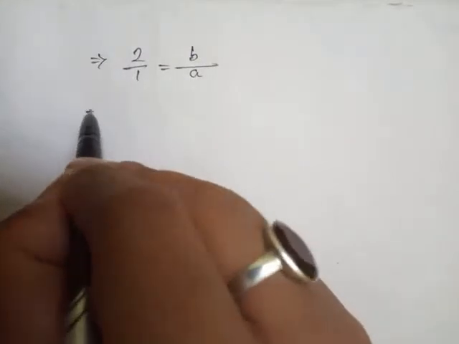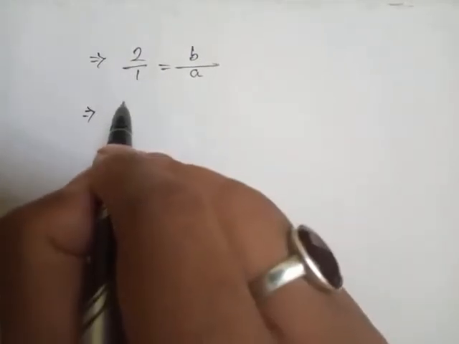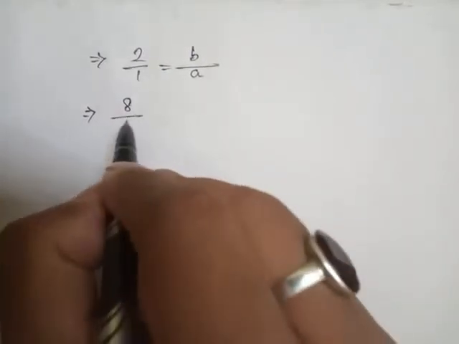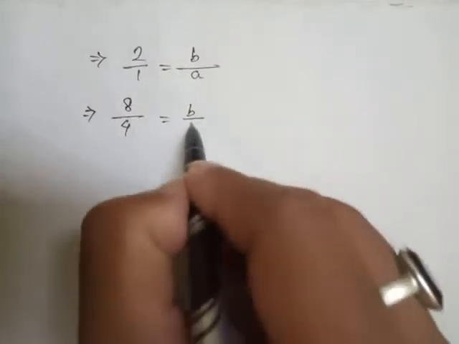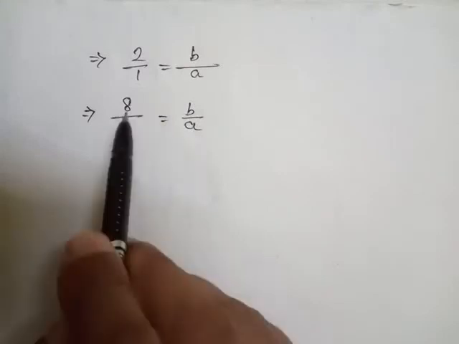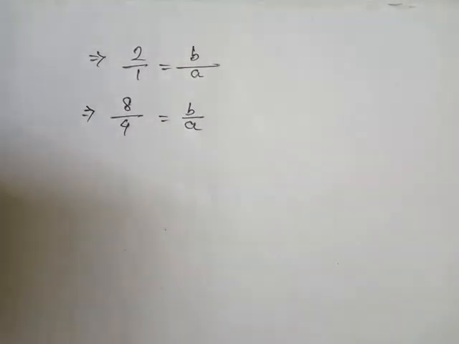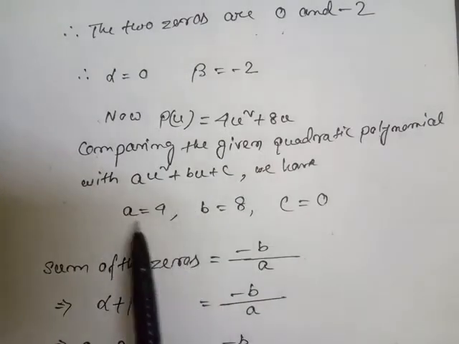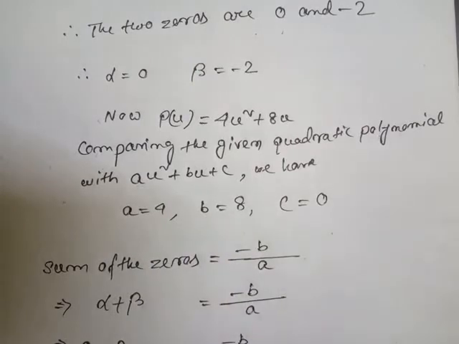Now if I multiply both the numerator and denominator by 4, there could be 8 by 4 equals b by a. Now students, once more, the value of a is 4 and the value of b is 8. Now look, does it match with the given equation? See, the value of a is 4, b is 8, which means the sum of the zeros is correct.